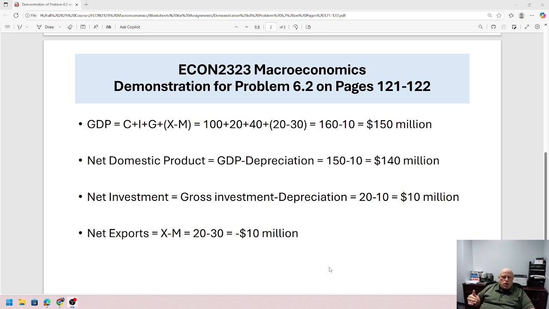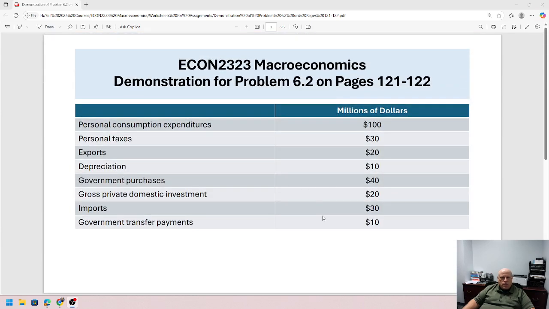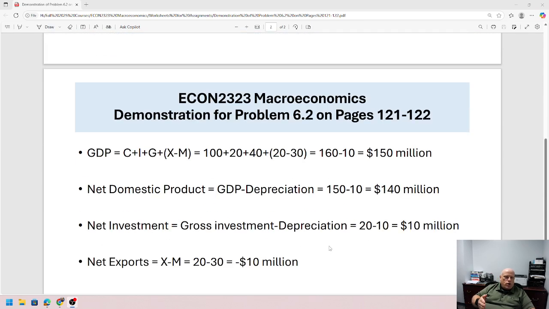So if you plug all those numbers in from my example worksheet, it would be 100 is the consumption, plus 20 is the investment, plus 40, which is government purchases, and then plus, in parentheses, because you have to do this part first to get the net exports, your exports minus your imports, so it would be 20 minus 30, okay? All right, so you get a net export of minus 10 million.